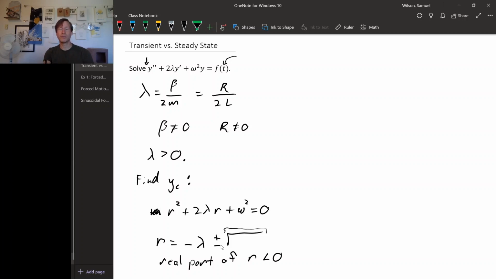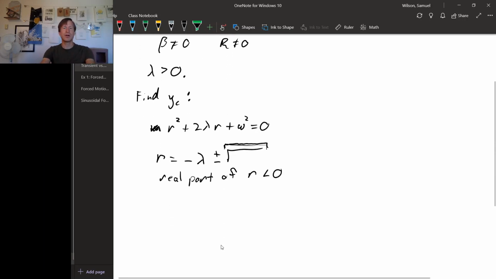So we've looked at this before. No matter what this square root turns out to be, real or imaginary, if you carefully analyze whether this sum could ever come out to be positive, it can't. When lambda is positive, the real part of this is always negative. So there are 3 cases.